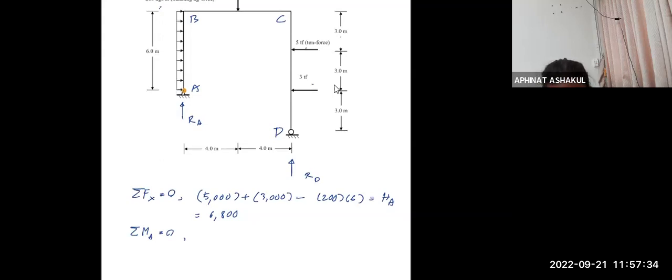That's 200 multiplied by 6, but multiplied by 3, that's 6 squared over 2, wL squared over 2. Or you can just write 200 multiplied by 6 multiplied by 3. Anyway, this is the one.